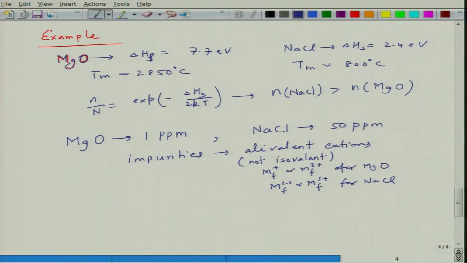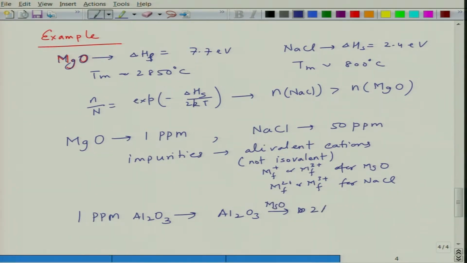So, now let us see. As a result, the concentration of the extrinsic defects is much higher than the intrinsic defects. In the case of MgO, when we put in 1 ppm of, let us say, Al2O3, what will we create? Al2O3 will go into MgO.